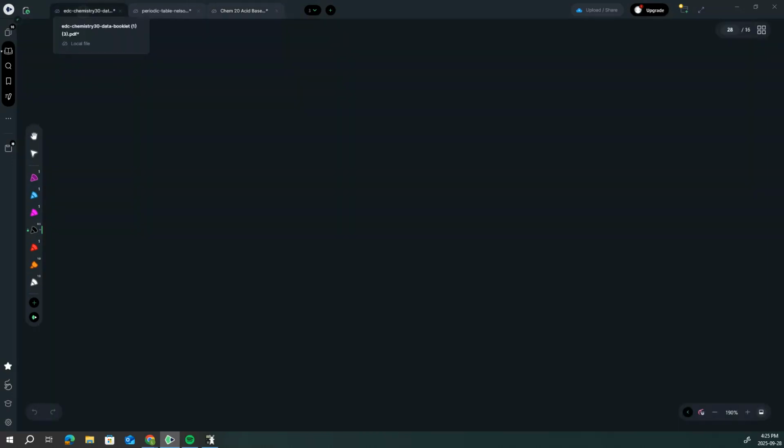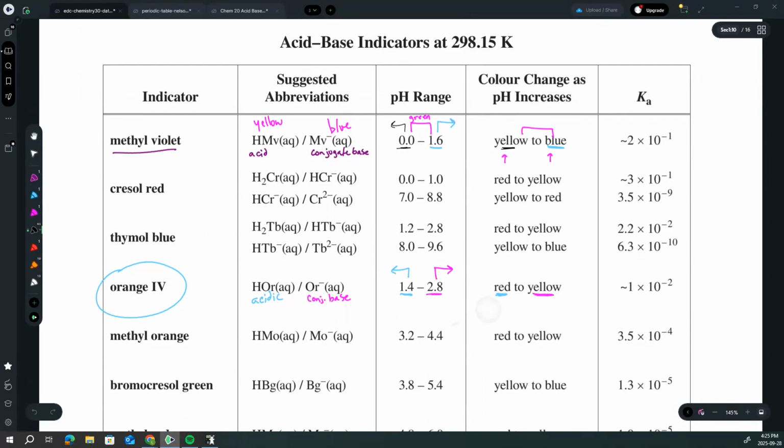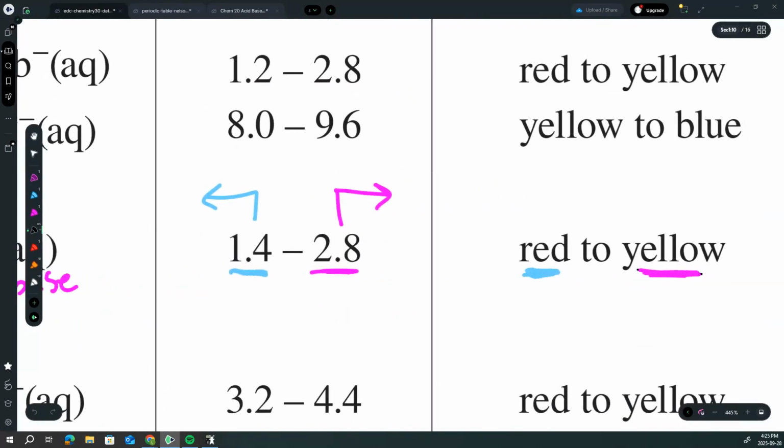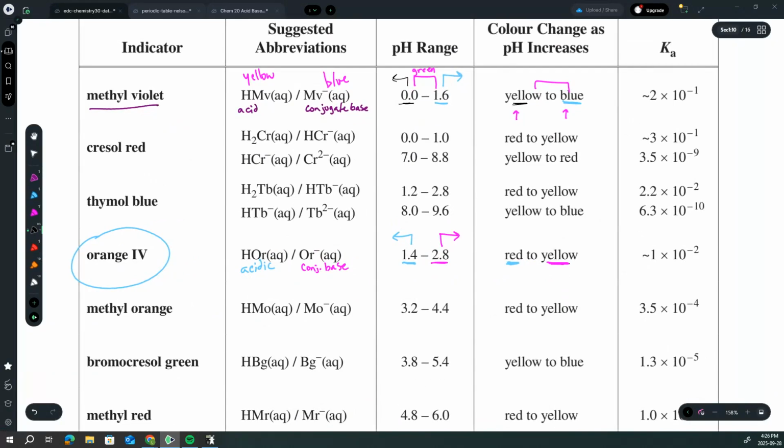Okay, so that is how you use this table. Again, your left-hand color corresponds to your left-hand number, your right-hand color corresponds with your right-hand number, and in between will correspond to the in-between color. Once you understand that, this table is pretty easy to use.